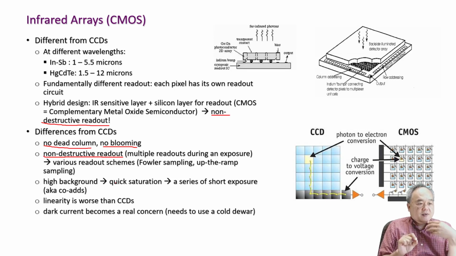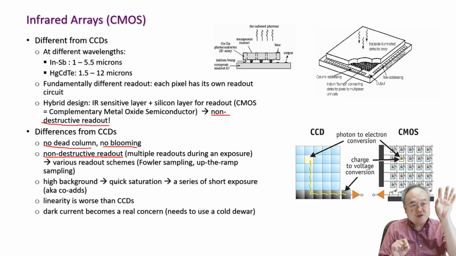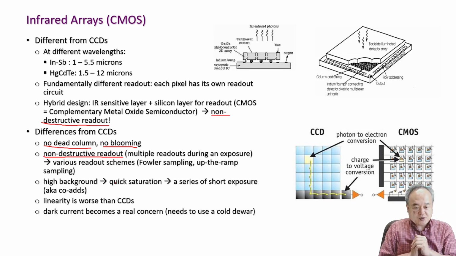So, to avoid saturation while still accumulating photons from your faint astronomical object, you need to break up the observation into a series of short exposures below the saturation limit because of the bright background. This is known as co-adding, which we will learn about in greater detail about this infrared observation mode during the infrared array lecture.